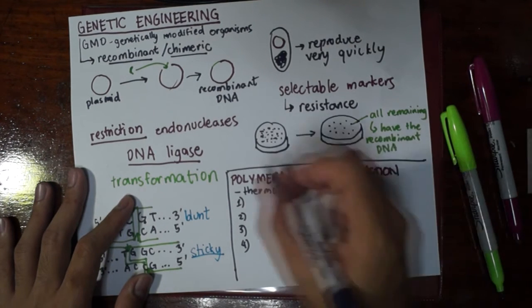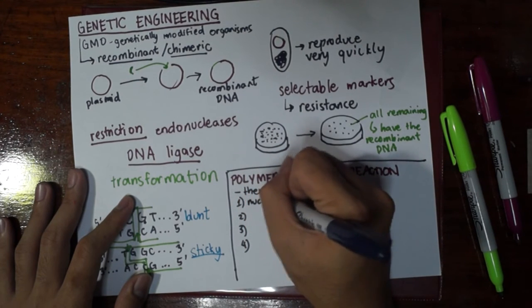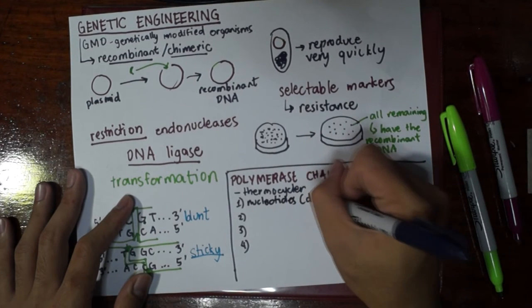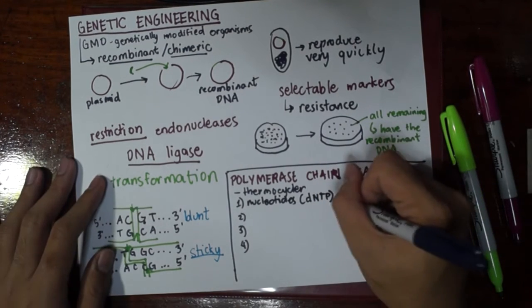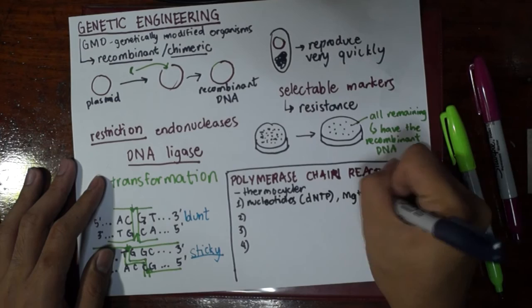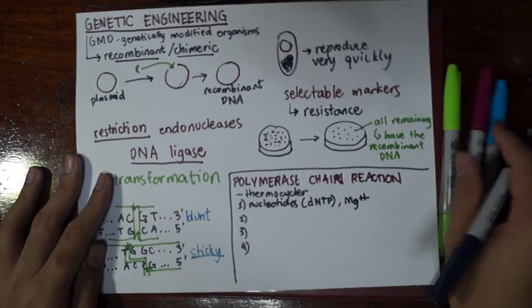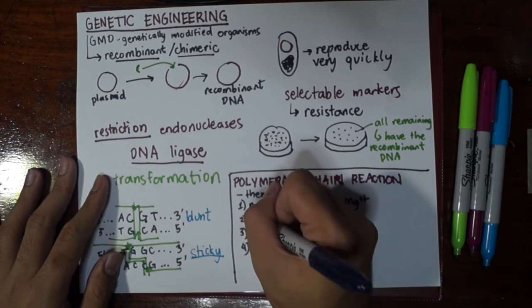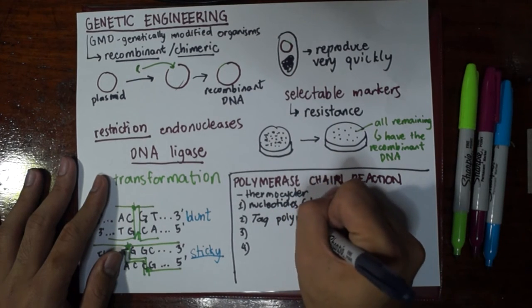What's in a DNA? Of course, you need the nucleotides. You have DNA, so you need here nucleoside phosphates, I mean. And we need magnesium ions as cofactors for the enzymes in the polymerase chain reaction, and that enzyme is known as the Taq polymerase.